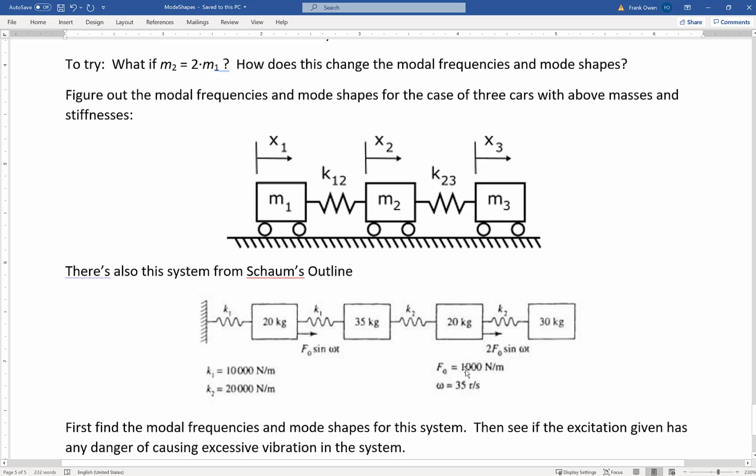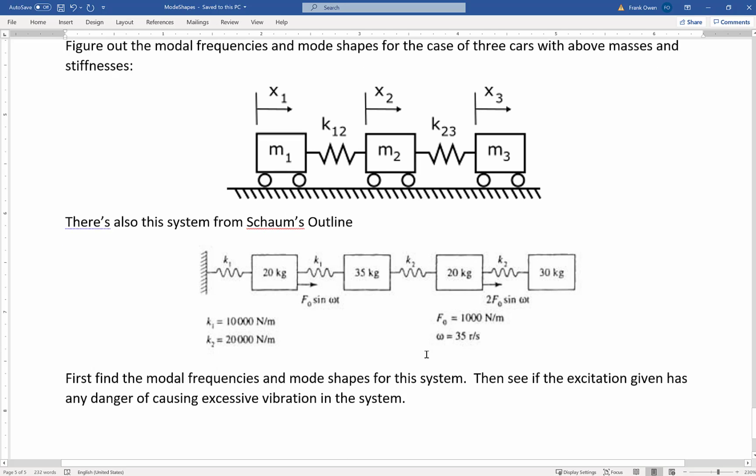Now they give the parameters for the force. It's 1,000 newtons per meter and 35 radians per second. So in my mind, when I look at this, you're going to have 4 modal frequencies and 4 mode shapes. So it's more complicated than this system. But what you ask in a case like this is, is this forcing function at or near one of the modal frequencies?